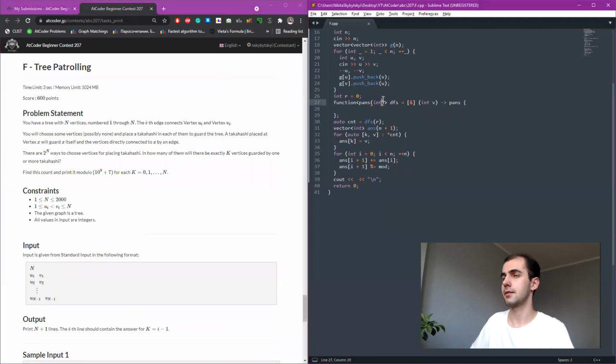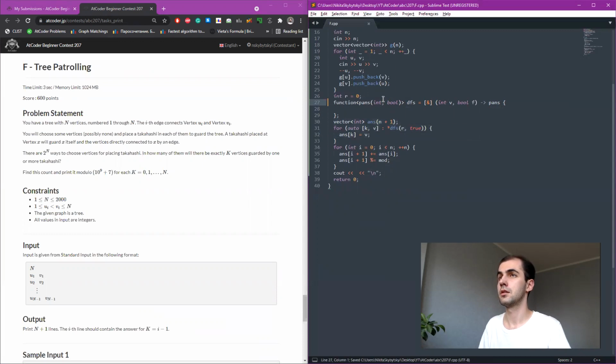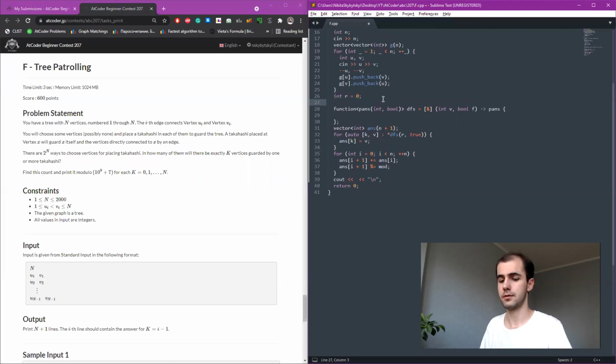Okay, anyways. Surely you want to mark visited vertices, right?